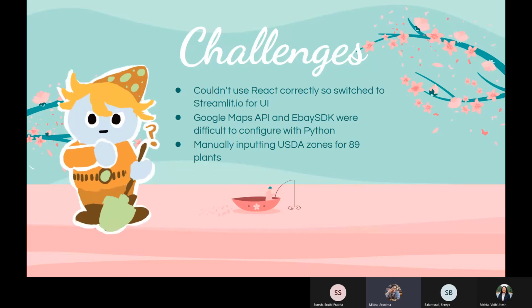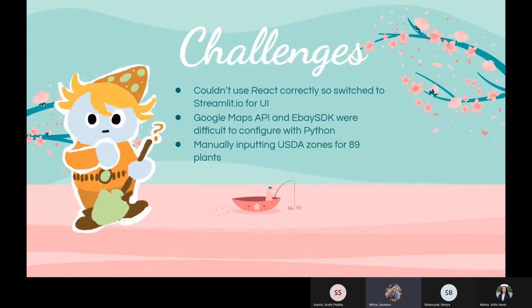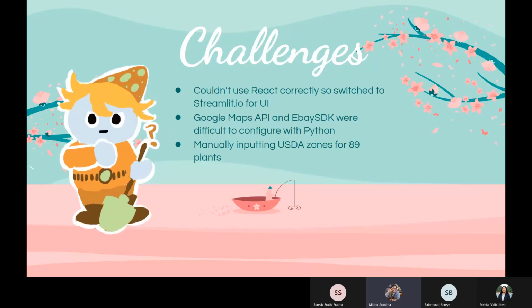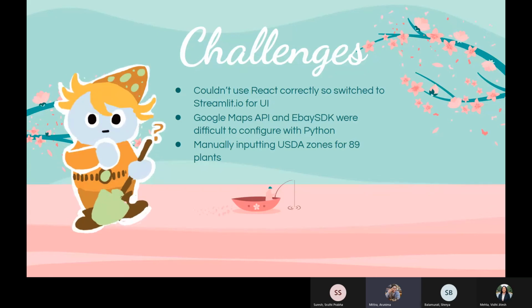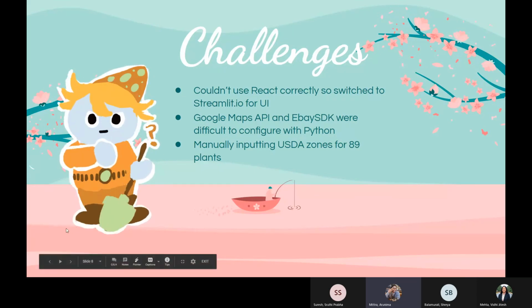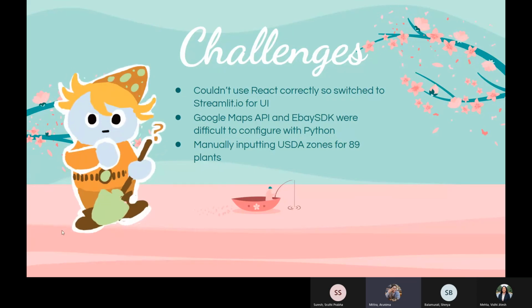Secondly, we initially planned to not only use Google Maps API, but also the eBay SDK, but later, due to time constraints and other small factors, we were unable to integrate eBay SDK. However, that is part of our future plans moving forward with this application that Shruti will later detail on. And then third, we manually inputted a lot of the USDA zones for each of our 89 plants, which in hindsight would have been much better had we automated the process, as it would have been much quicker for us.